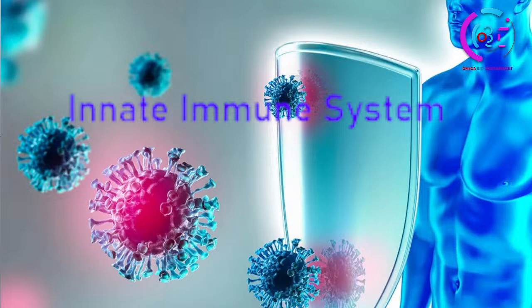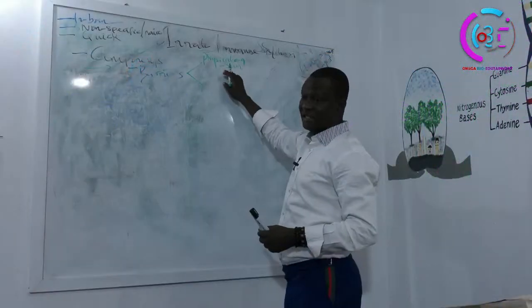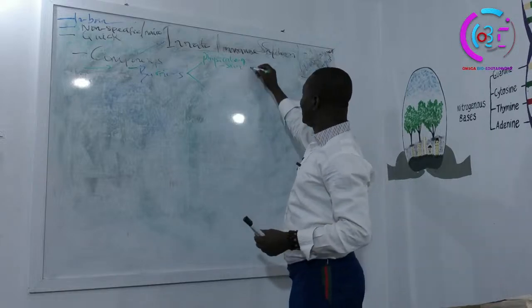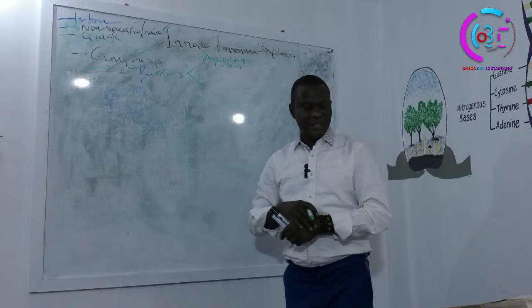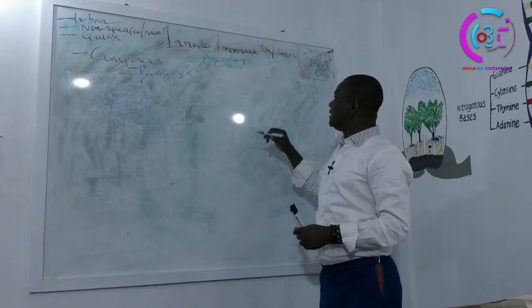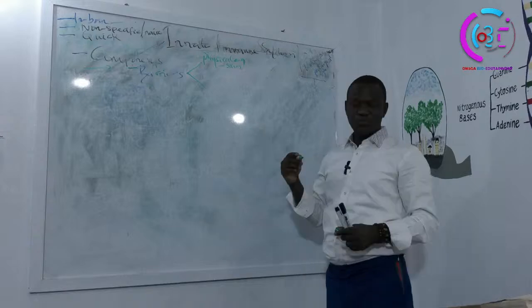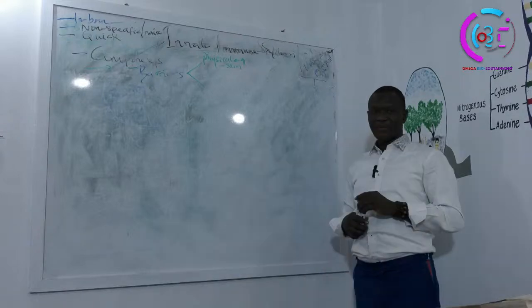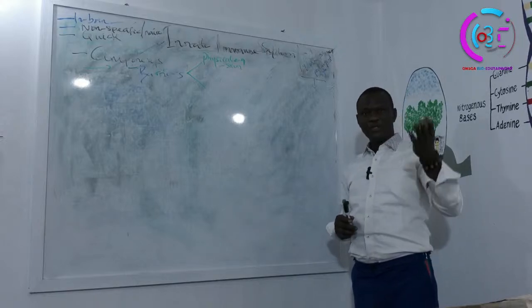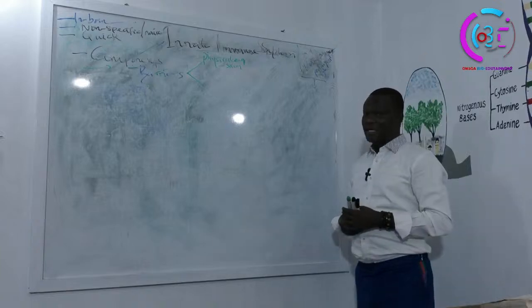It has a barrier, and this one is physical. An example of this is the one put up by the skin. Don't forget that the skin is the first line of defense. Once the skin barrier is broken, that will give way to the entry of a robber who is able to scale the fence or come in through the main entrance.